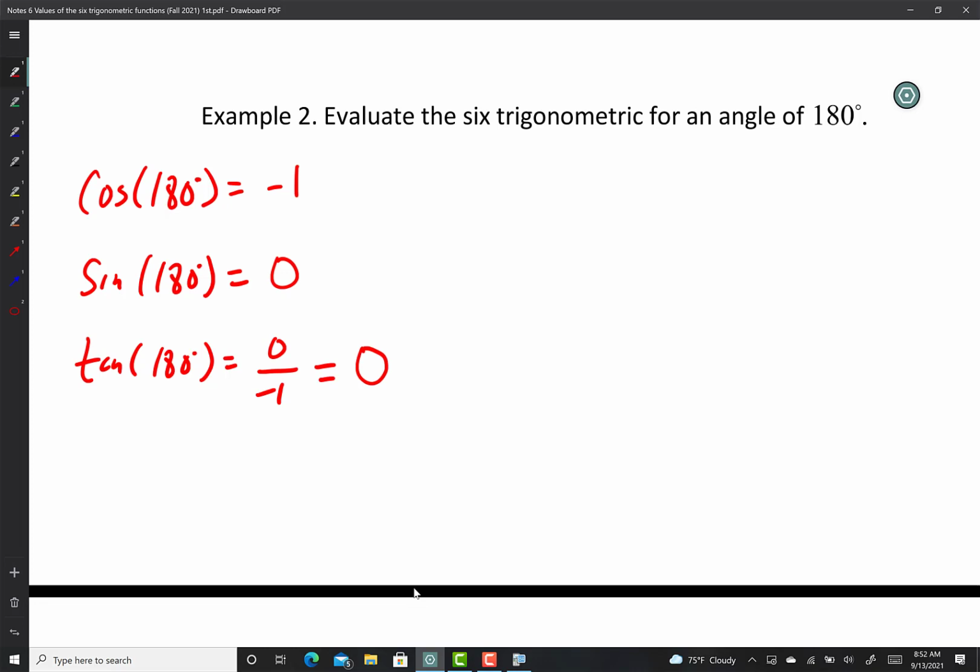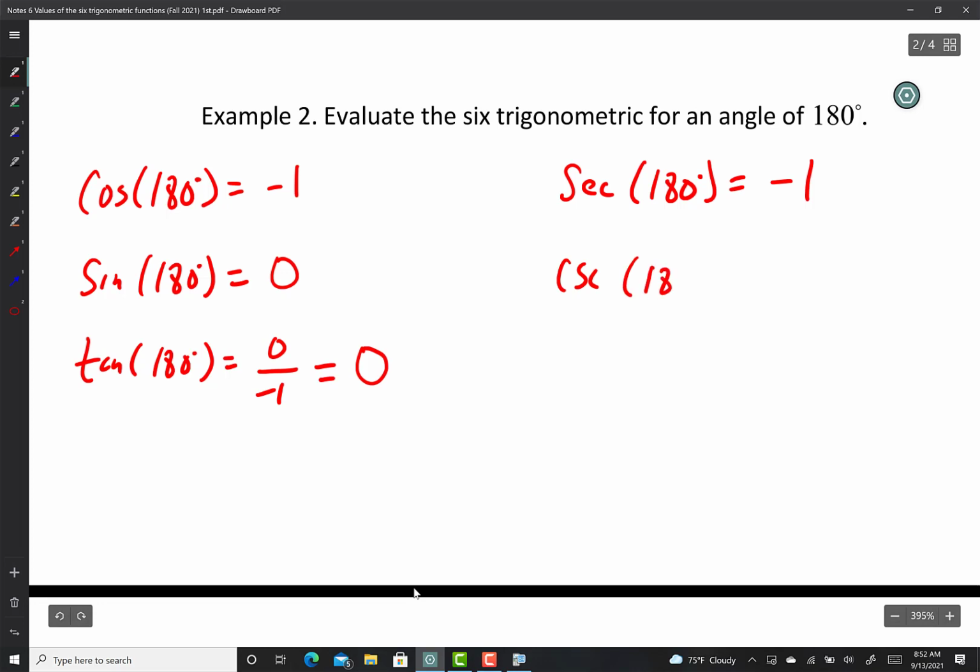Now let's do the reciprocals. The reciprocal of cosine is secant. So secant of 180 degrees is -1, because the reciprocal of -1 is itself. That's the only number where that happens, -1 and 1. The reciprocals of -1 and 1 are themselves. Cosecant is the reciprocal of sine.